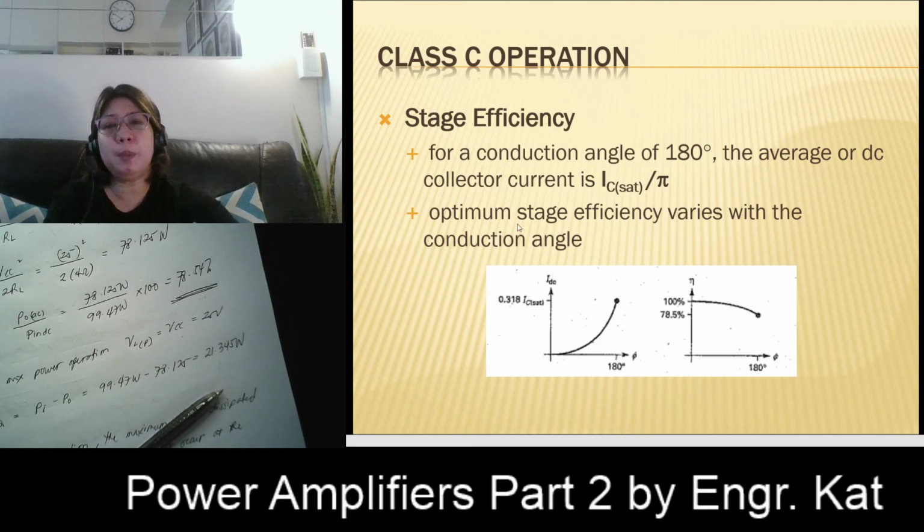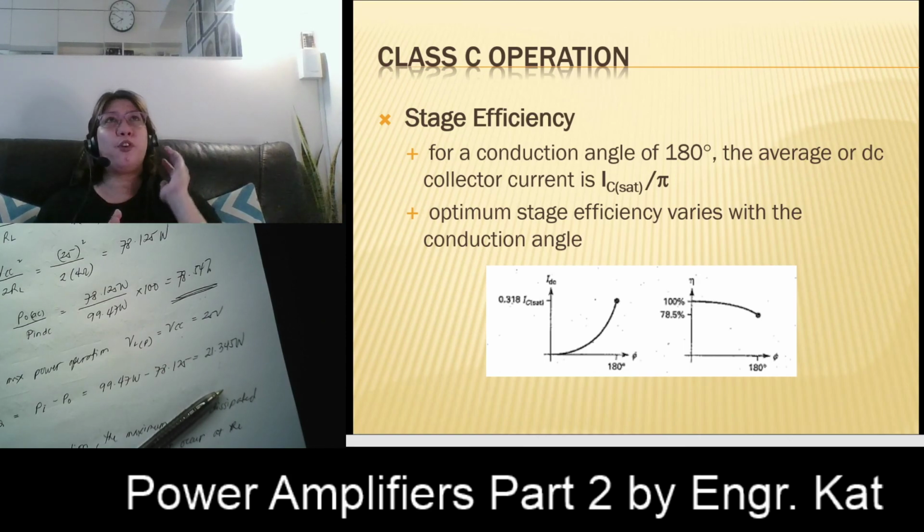So optimum stage efficiency varies with the conduction angle. As the conduction angle decreases, the efficiency increases. Therefore, the one with the lowest efficiency is the one with the highest conduction angle, which is your Class A amplifier, conducting at the full 360 degrees.